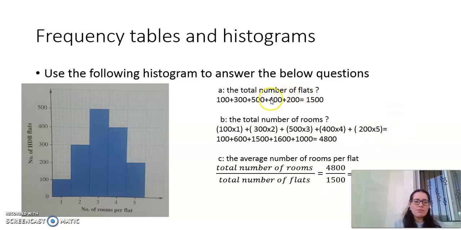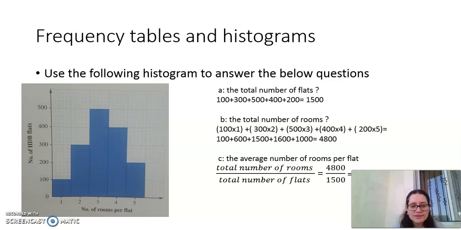So the total number of flats means what? Means, as we said, 100 plus 300 plus 500 plus 400 plus 200. But how many rooms are we going to take? How many flats times how many rooms in each flat?